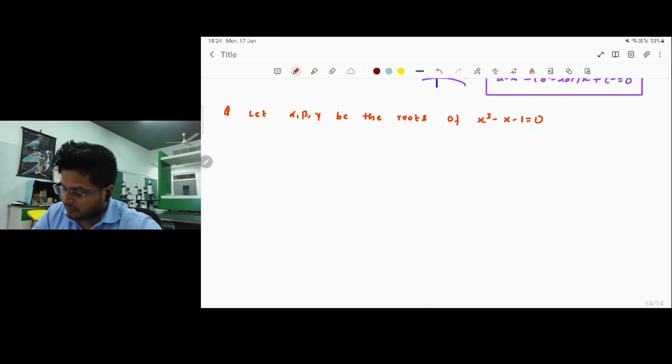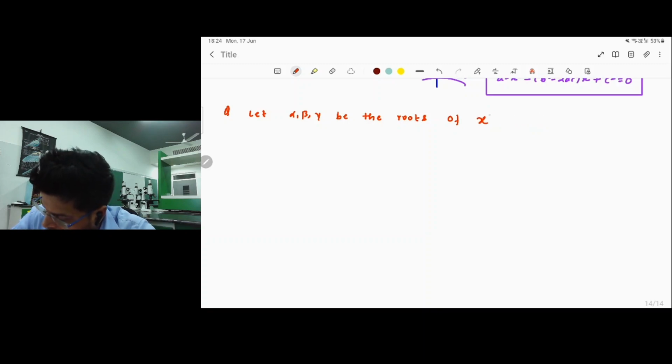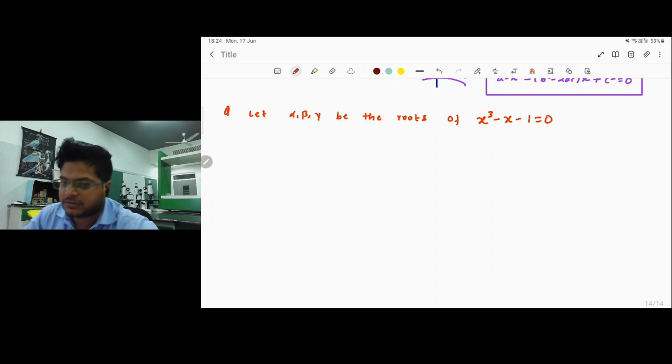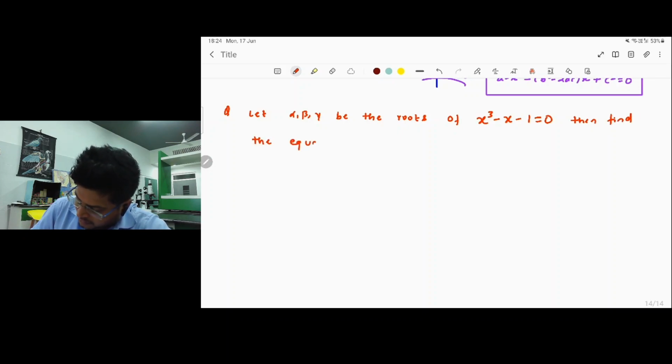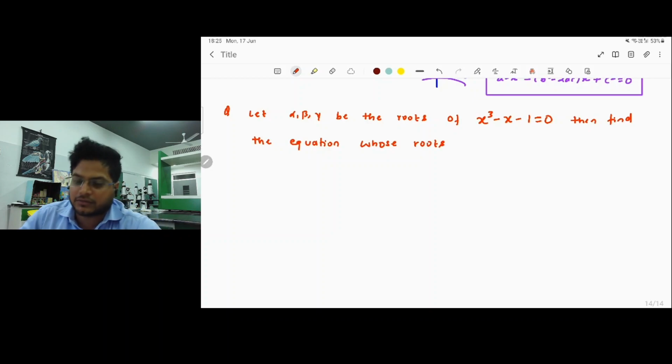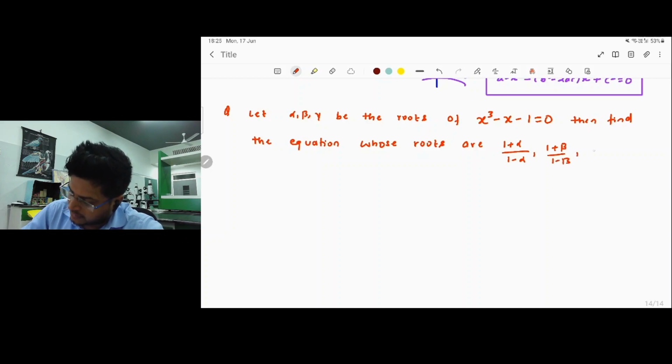Then find the equation whose roots are 1 plus alpha by 1 minus alpha, 1 plus beta by 1 minus beta, and 1 plus gamma by 1 minus gamma. Let me give you the options also.